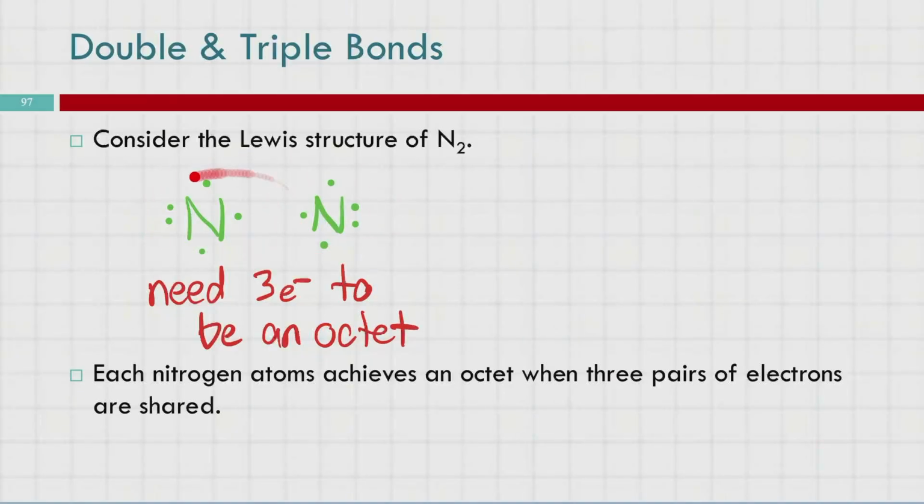These are the same thing, so they can't steal them from each other. They're nonmetals. We don't have any metals to steal from. So they're going to have to share. So let's draw in sharing between all of these electrons, and that would look like this.